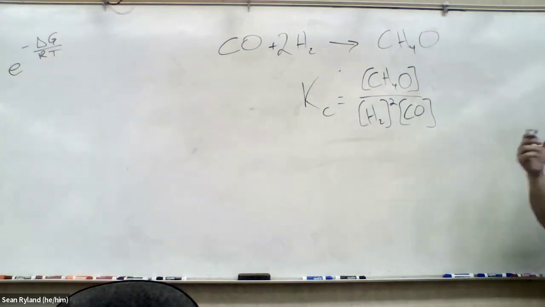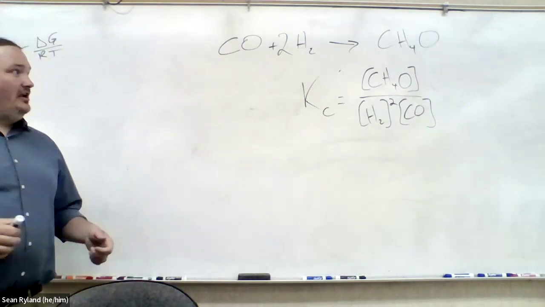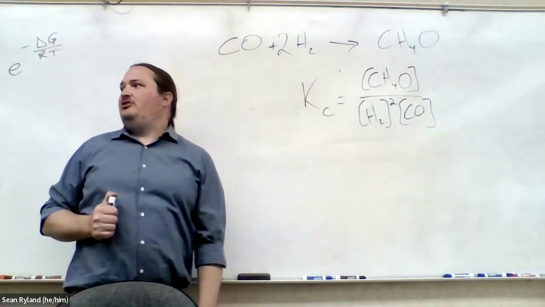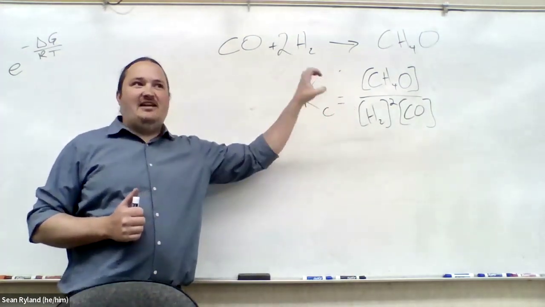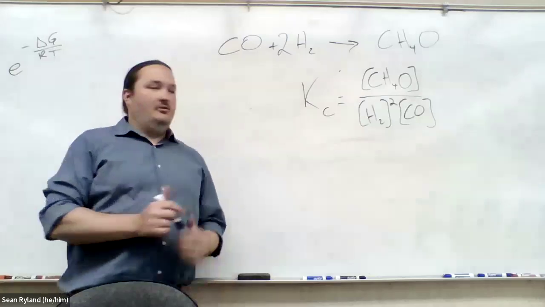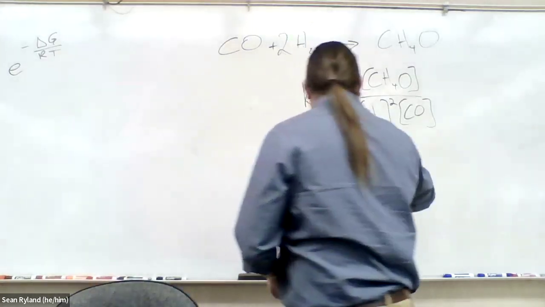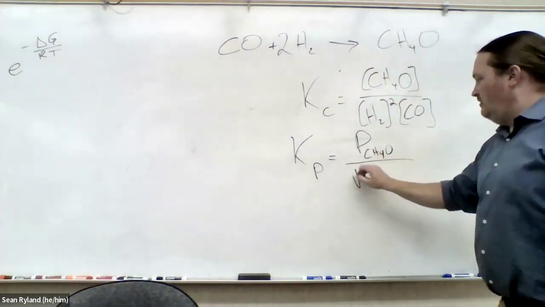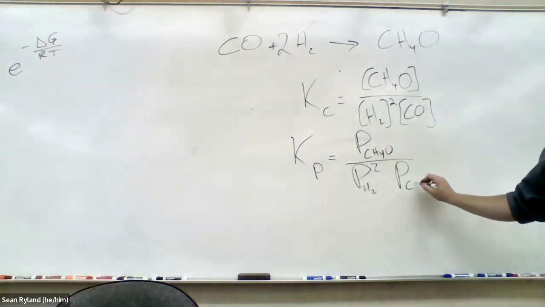Kp for the same reaction is the exact same expression, except instead of concentrations, you write it as pressures. It's the same expression, except in pressure units. So Kp for the same reaction would be pressure of methanol over pressure of hydrogen squared times pressure of carbon monoxide.